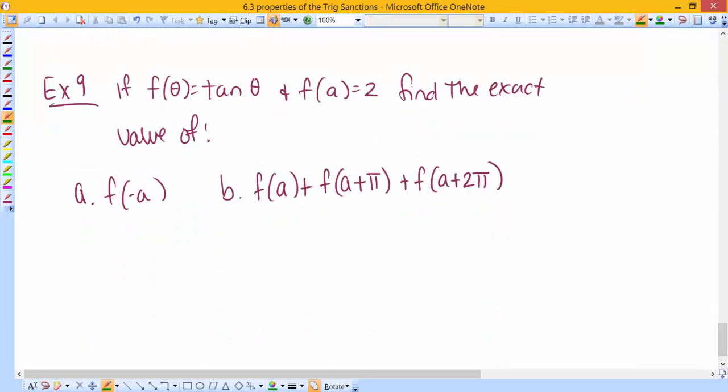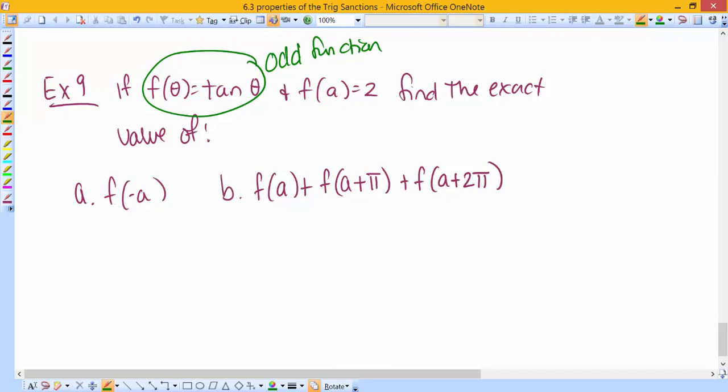Here we're told if f of theta equals tangent of theta and f of a equals 2, we need to find the exact value. Because we're using tangent, we will be dealing with the properties of an odd function. So tangent is odd.